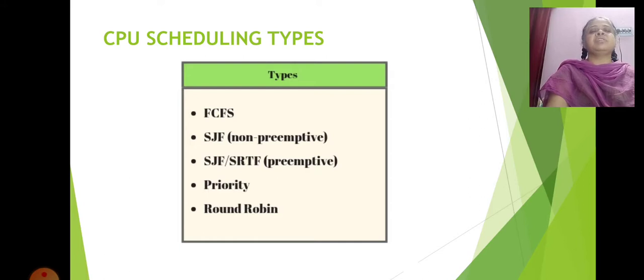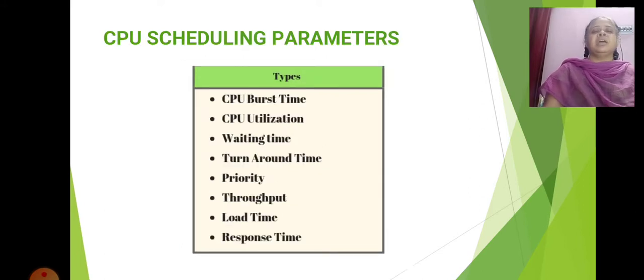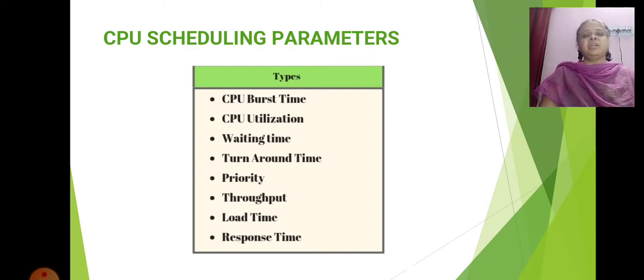So these are different scheduling types. These are the different scheduling parameters which I have just discussed: CPU burst time, CPU utilization, waiting time, turnaround time, priority, throughput, load time, and response time.